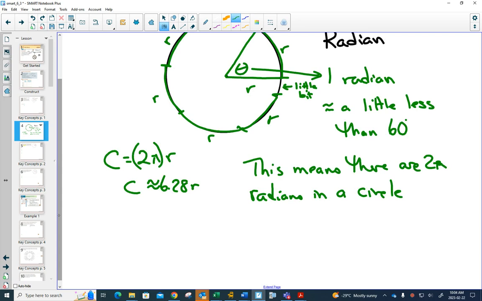Which leads us to the following conclusion. I can make a chart. In a whole circle, there are 2 pi radians. That means, in a whole circle, there are 360 degrees.